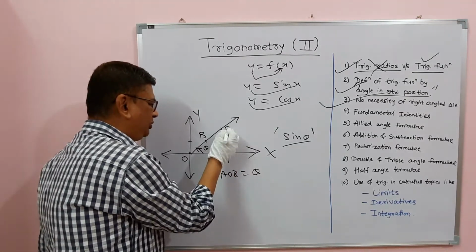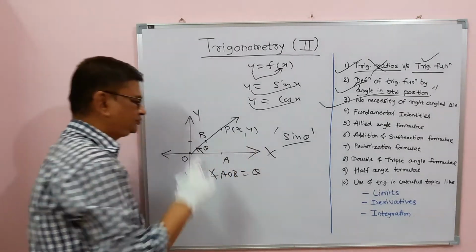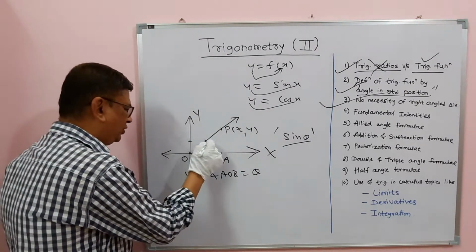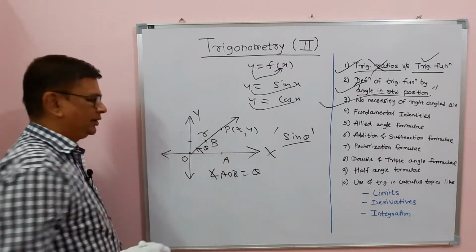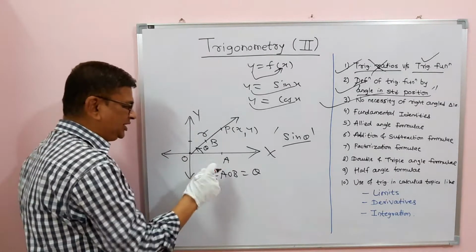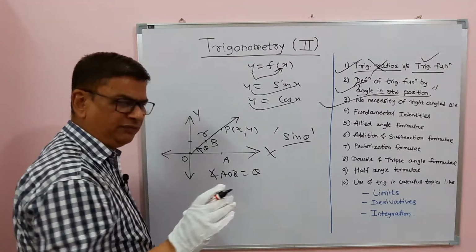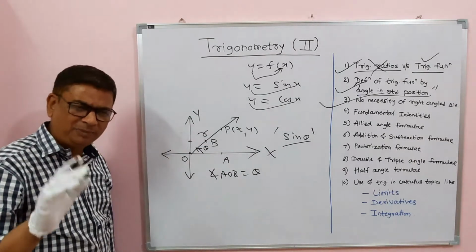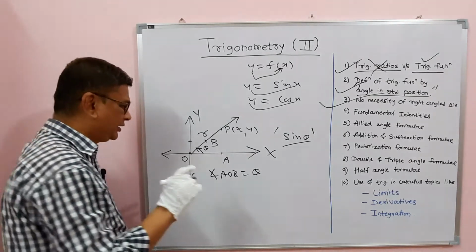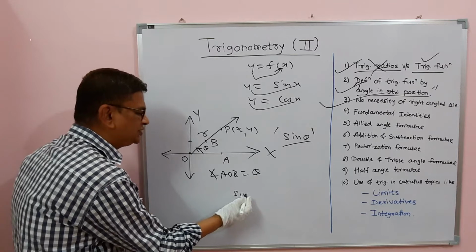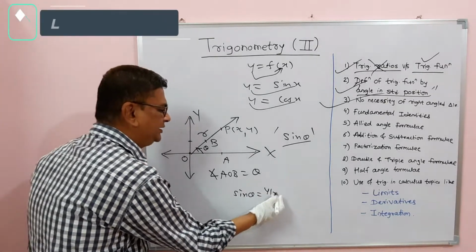Suppose this is point P with coordinates x, y as shown in the figure, and suppose the length OP is denoted by r. It is not even necessary to draw the perpendicular as in a right angle triangle. If point P is taken as x, y, then sine theta, cos theta, etc. are defined in this manner.